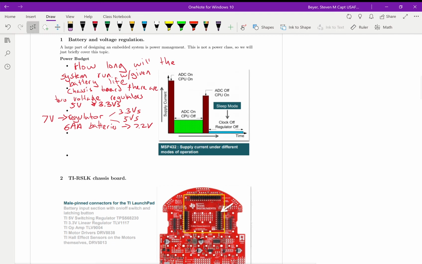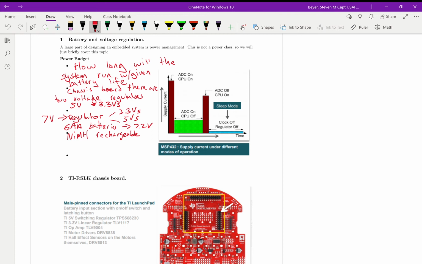Then the nickel metal hydride batteries that are rechargeable, those are the ones I had you guys order. You will be able to recharge them whenever you want. If there's any issues or if some batteries die, I will have extras, so that will allow you guys to never have to wait on batteries charging.